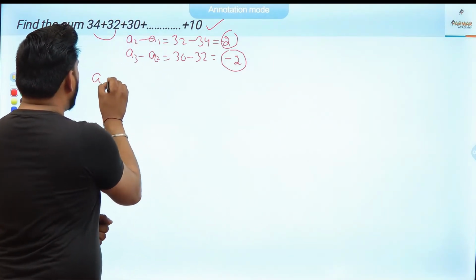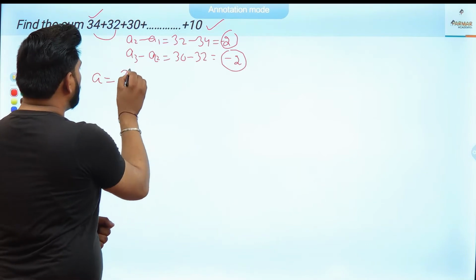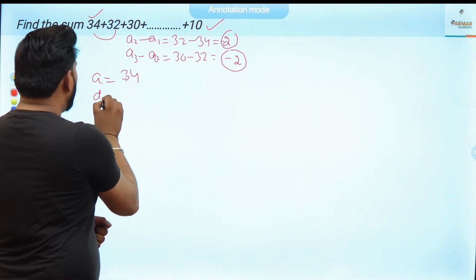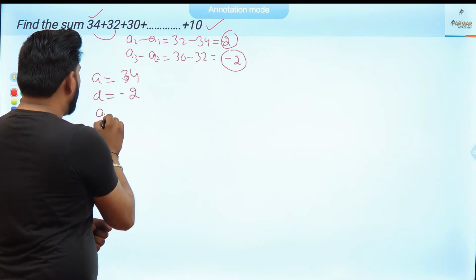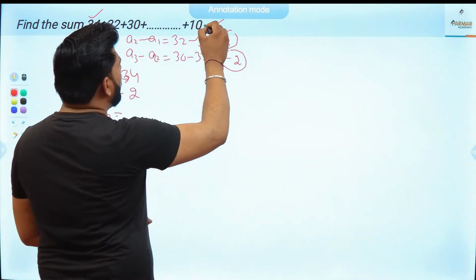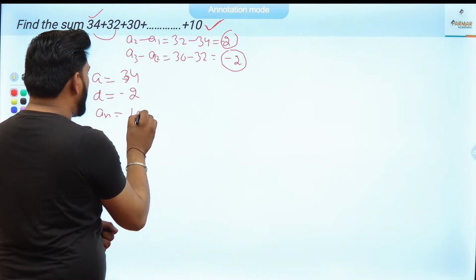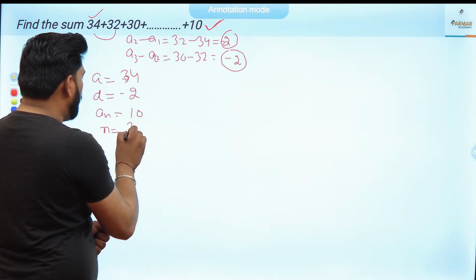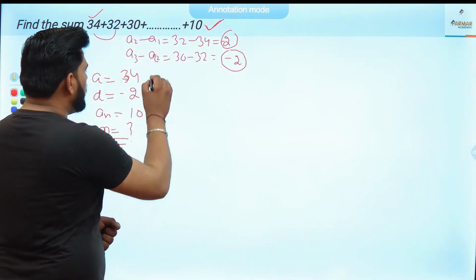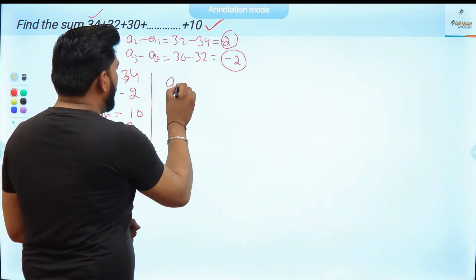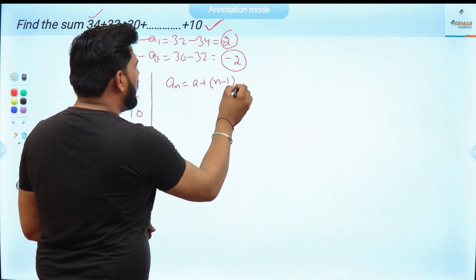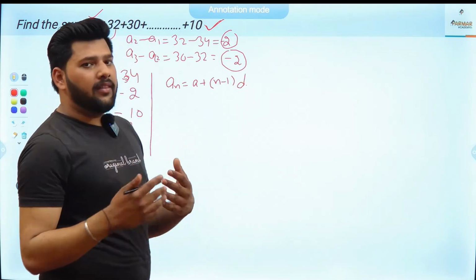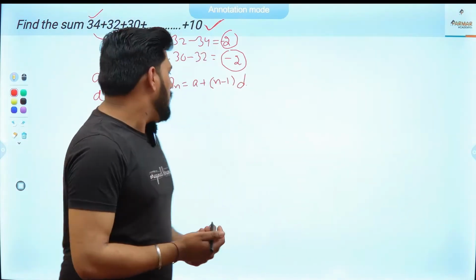So a, what is a? That is 34. D is minus 2. An, we have to find the value of n corresponding to 10. So an is 10. First of all, we will find the value of n using the basic formula, an is equal to a plus (n minus 1)d.